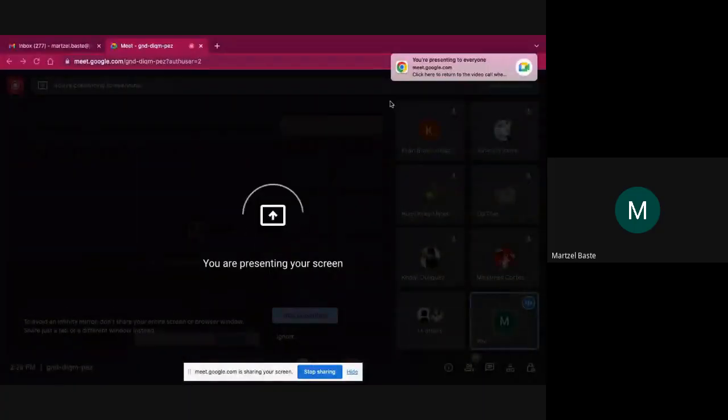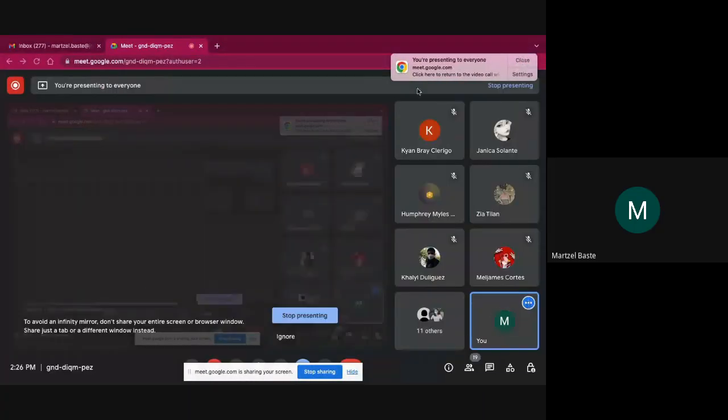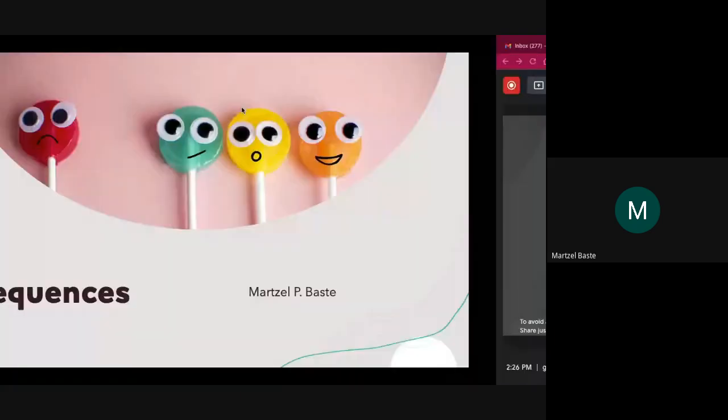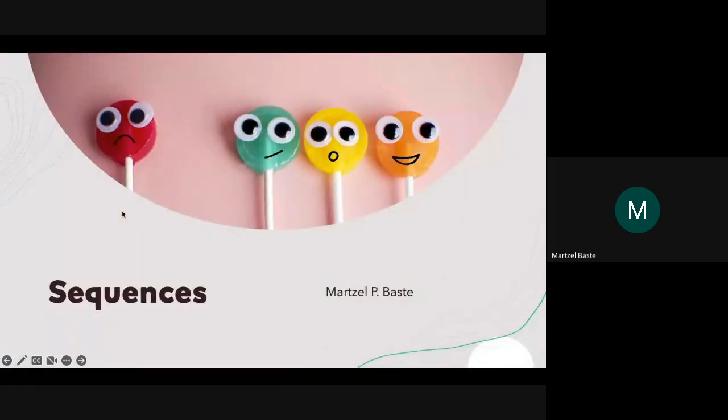Before we move to the module 3 topics, I need to discuss these two because these are prerequisites to module 3. So again, we're going to discuss sequences and summations today.